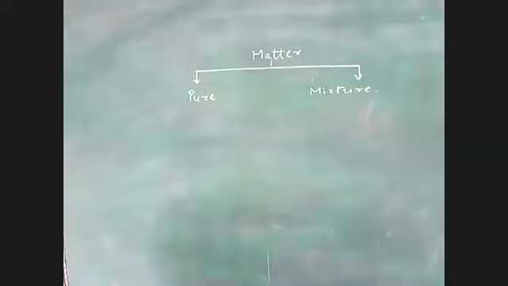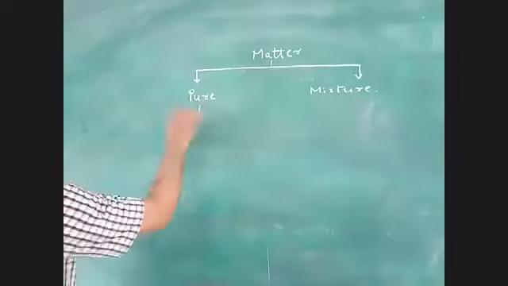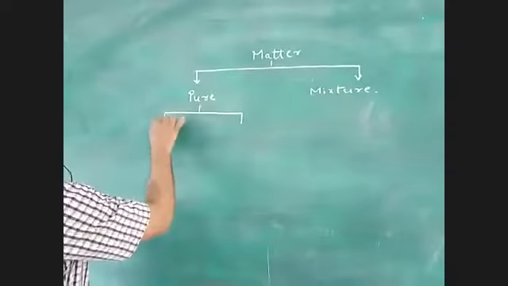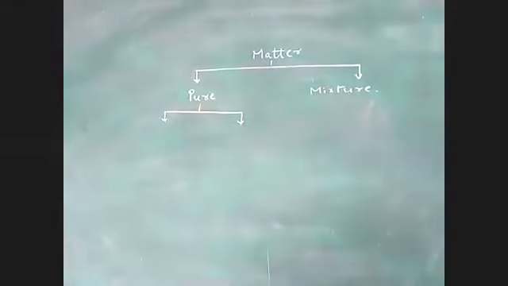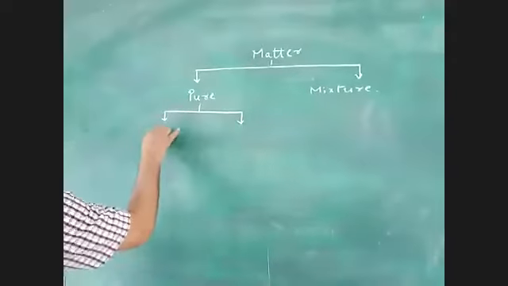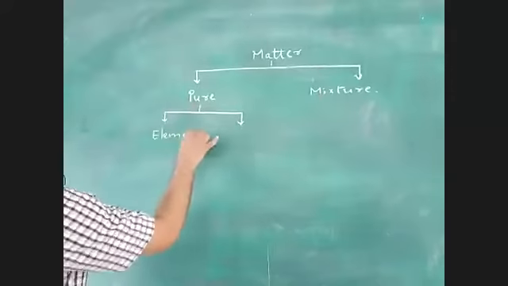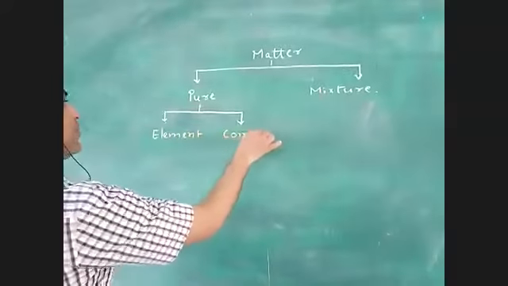Now, pure matter can be divided into another two categories. These two categories are, first one is element, another one is compound, that is in pure form.